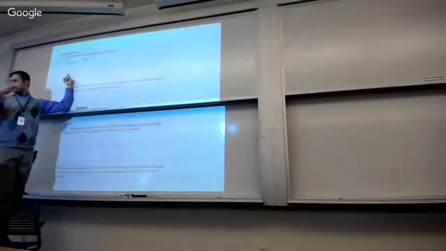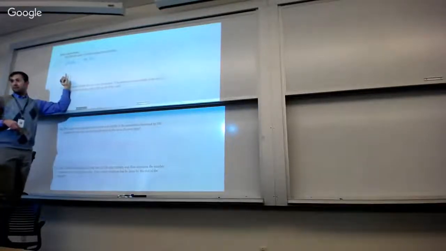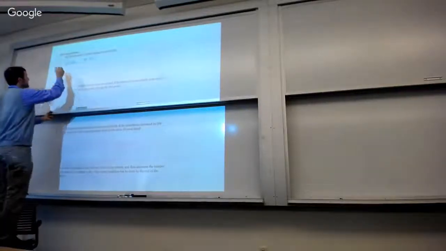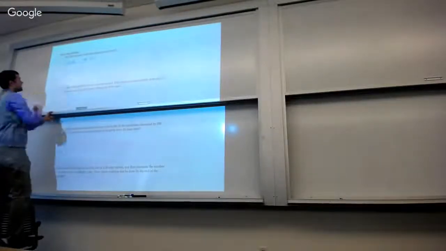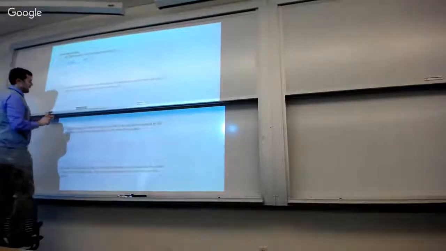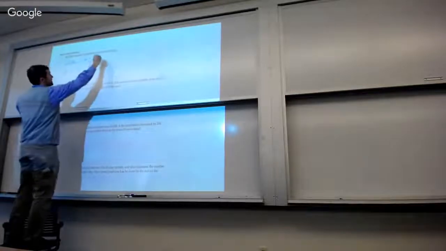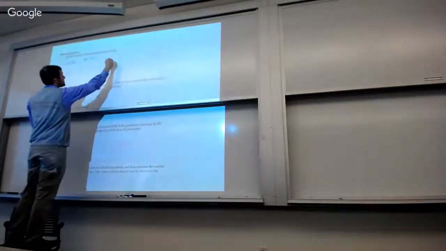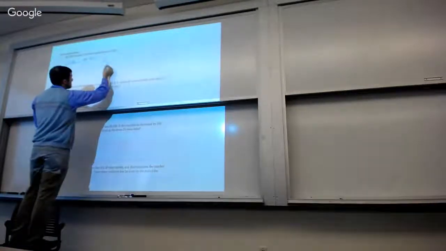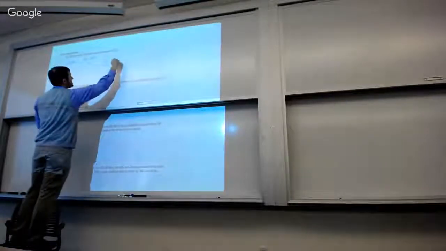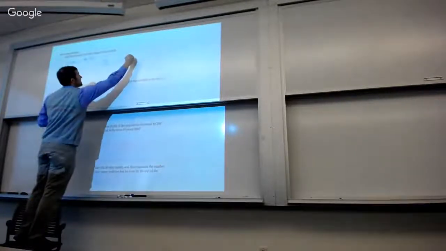Geometric means you're multiplying by the same number. So what is this? This is arithmetic. And what are we adding by every time? 1. So I know my common difference is 1. And I know that we can use our formula for the sum of an arithmetic sequence, which is the sum of n terms is n divided by 2 times the first term plus the last term.